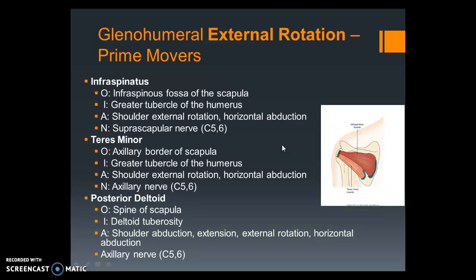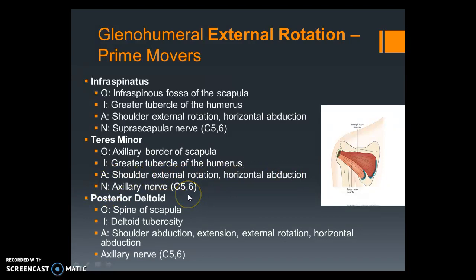The infraspinatus originates on the infraspinous fossa of the scapula. Greater tubercle of the humerus is where it inserts. The action is external rotation, horizontal abduction, innervated by the suprascapular nerve. The teres minor, tucked right below it here, originates on the axillary border of the scapula, inserts also on the greater tubercle of the humerus, and also performs external rotation and horizontal abduction.